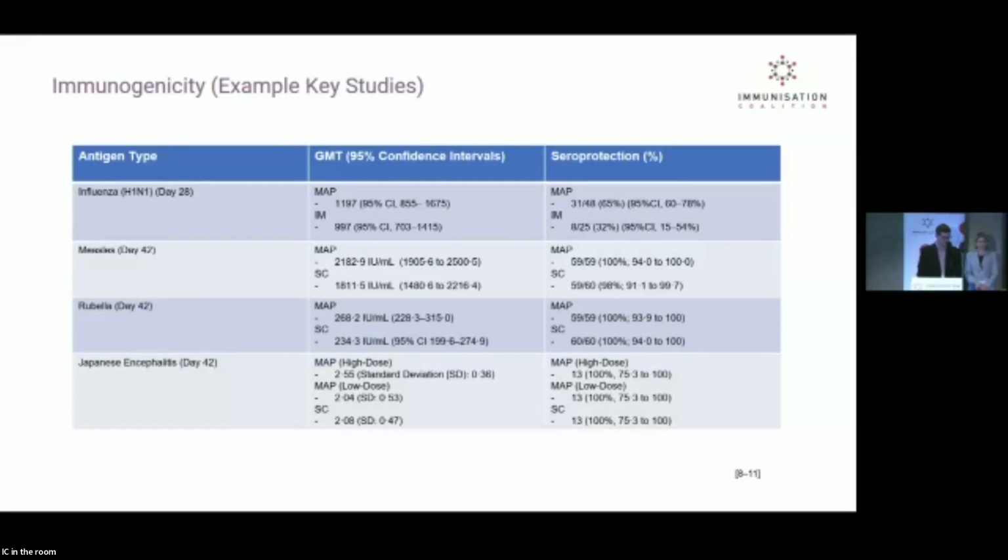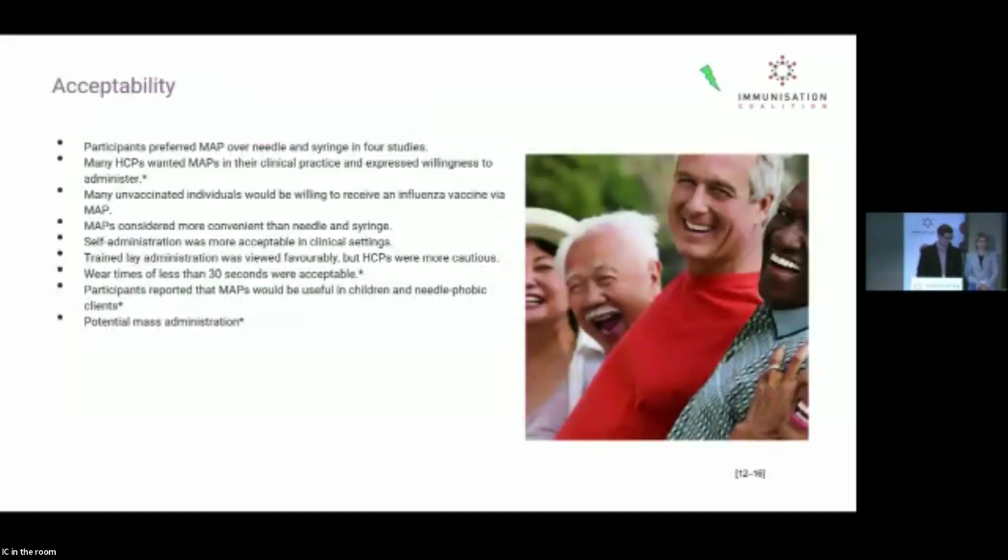And we also have the seroprotection on the right. So you can see that essentially it is equivalent, or in some cases, it did provoke a stronger immune response. Interestingly, the Japanese encephalitis one at the bottom there was a low and high dose in that study, and the low dose performed just as well as the injection.